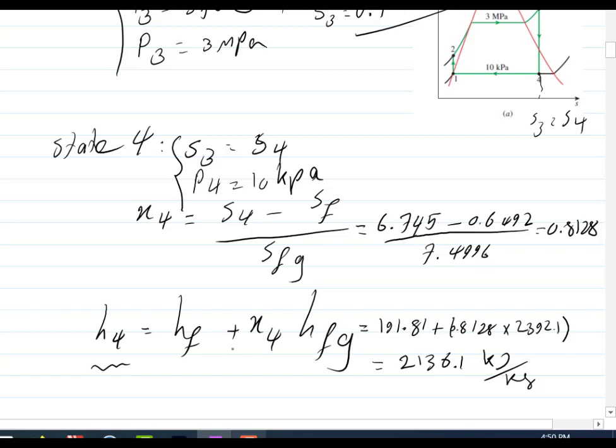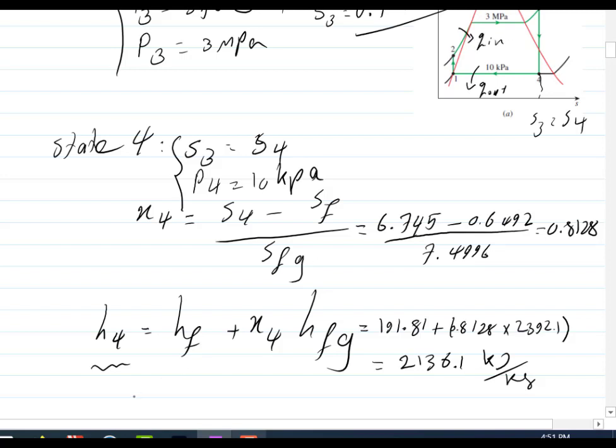And also, if you notice here in the graph, the process 4 to 1 is for Q out of the cycle, and the process 2 3 is for Q in.